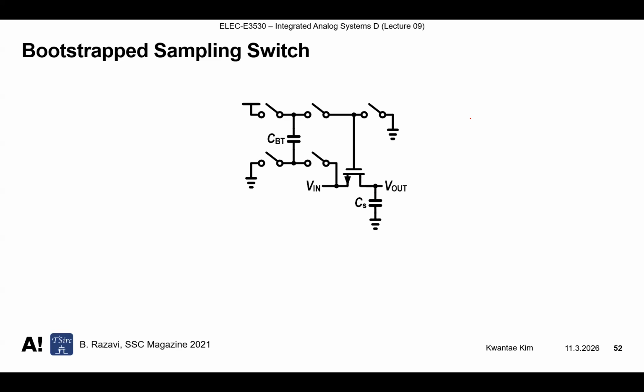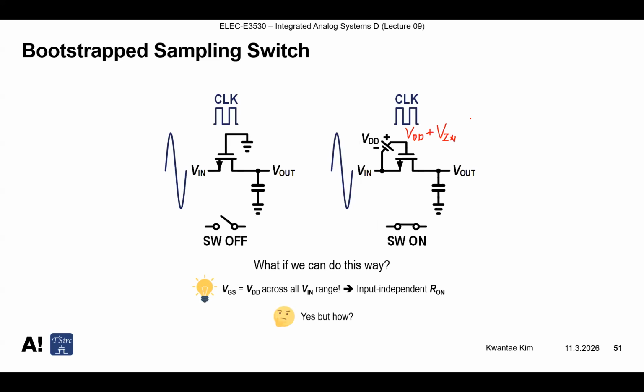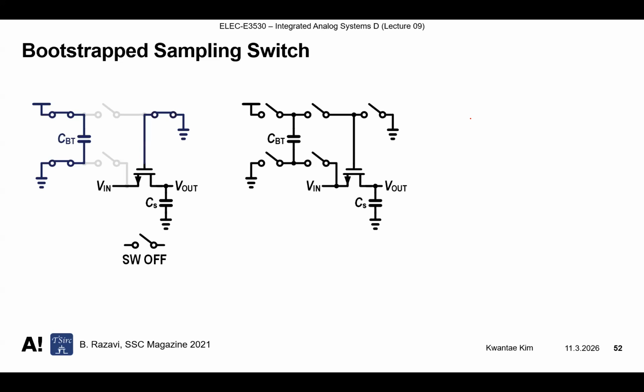So this is a conceptual diagram of the bootstrapped sampling switch. We put a bootstrapping cap here, let's call it CBT, and there are 5 switches. Those 5 switches are required to provide some DC voltage, VDD. So let me explain what is happening. To make sure the switch is off, we want to drive this NMOS gate to ground voltage, right?